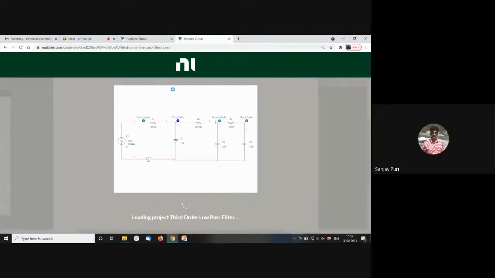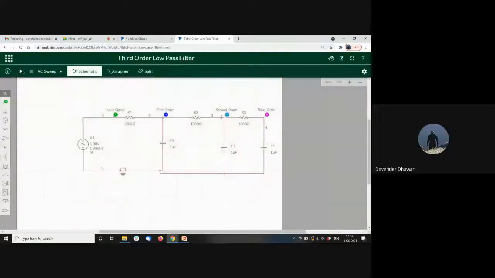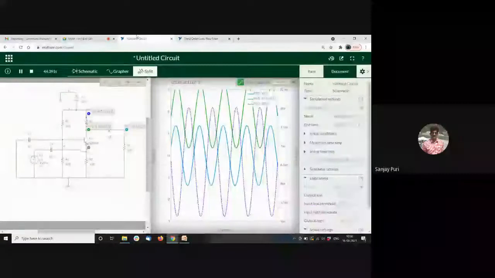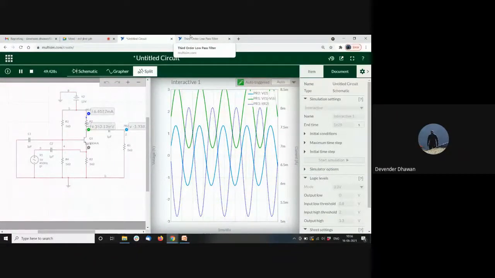At the same time, we can open more than one tab on the same login. Yes. So we can simulate this also. Generally, the issue we get in running multiple simulations is the restriction of our system. Let's say I'm using a laptop and running two different simulations on it.